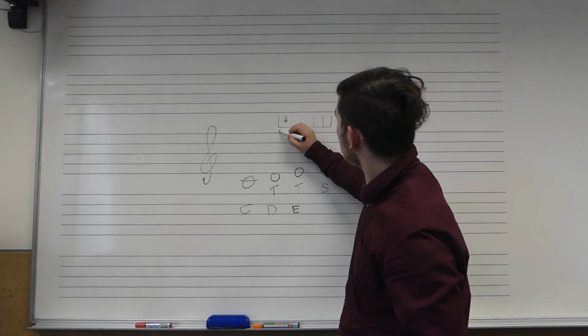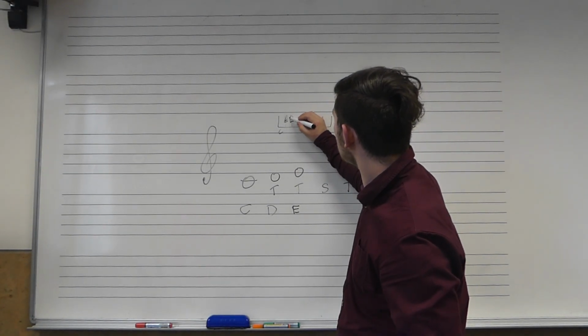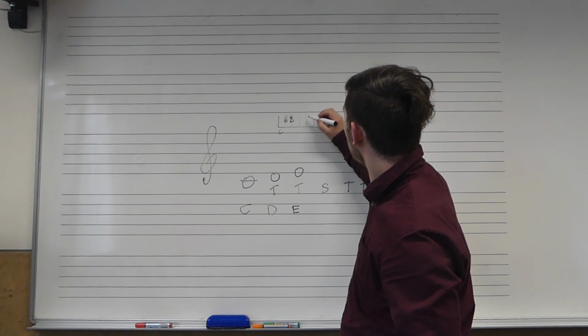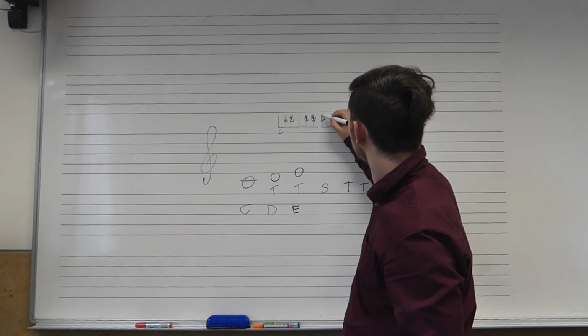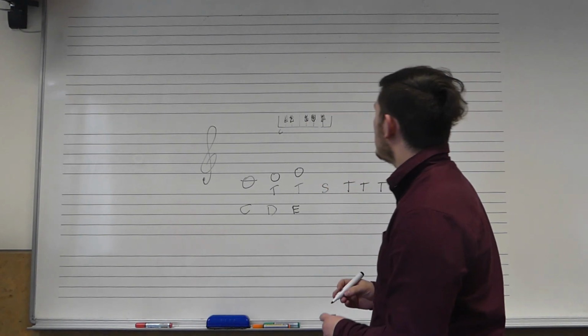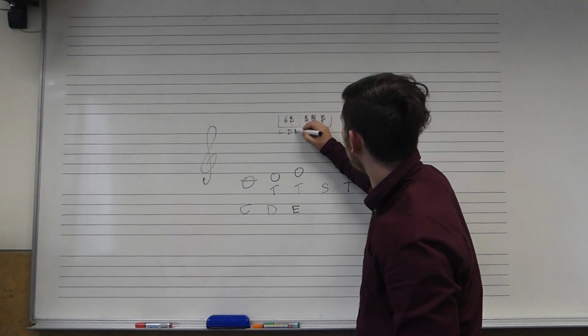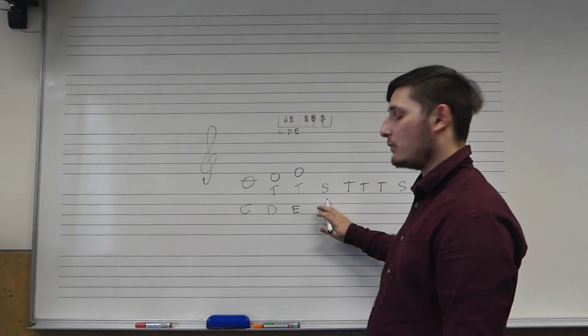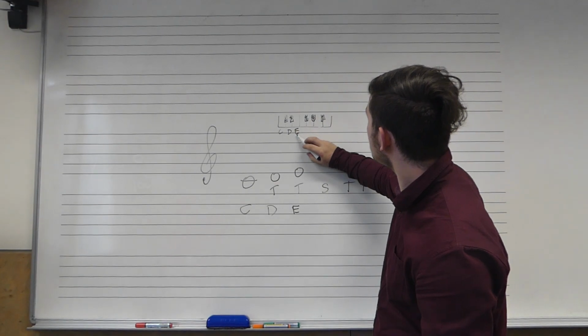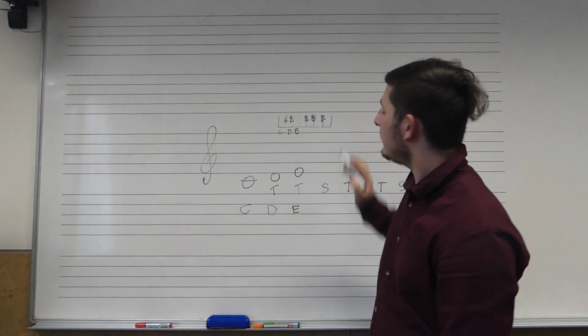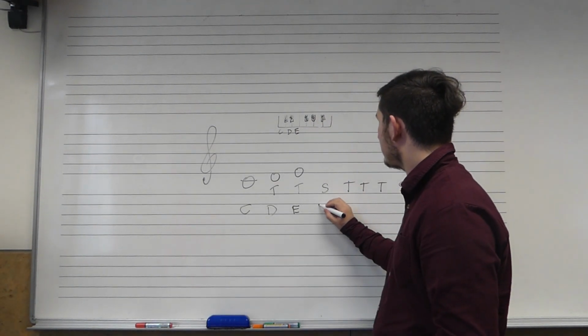If we have C here, then we have 2 sharps, then a gap, then 3 sharps. So then we have our D and our E, and next we're going up a semitone, and a semitone from E is just F.